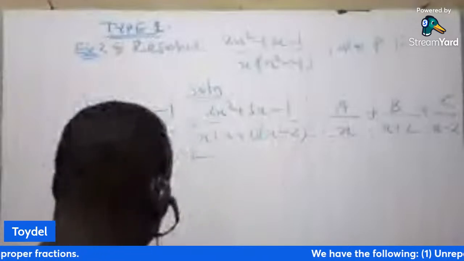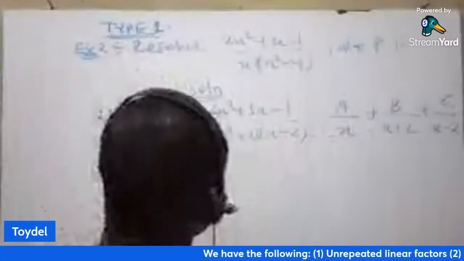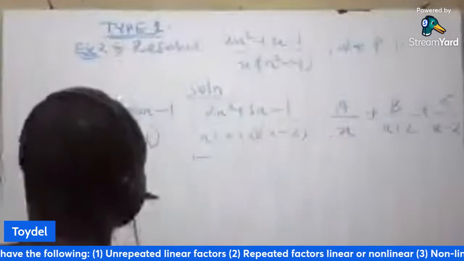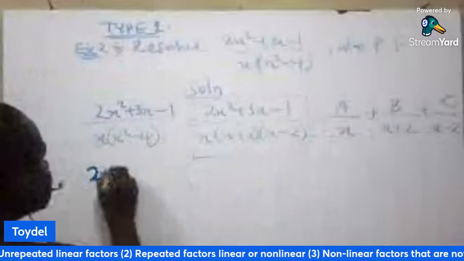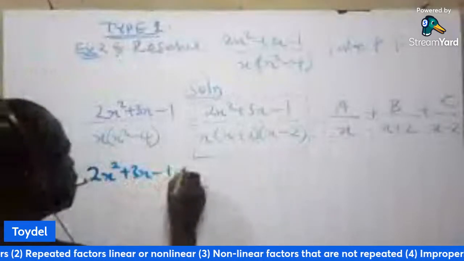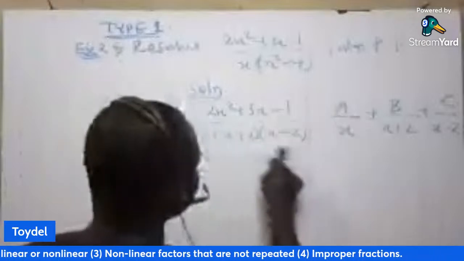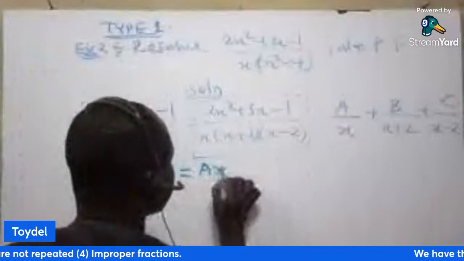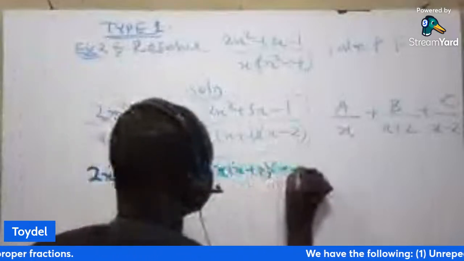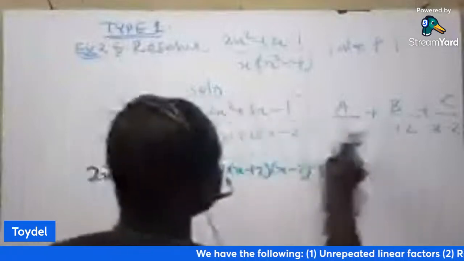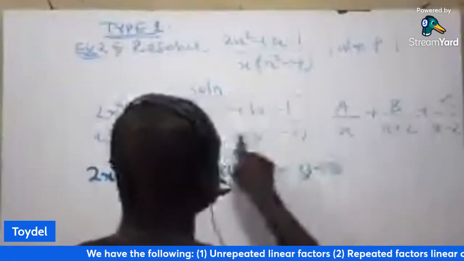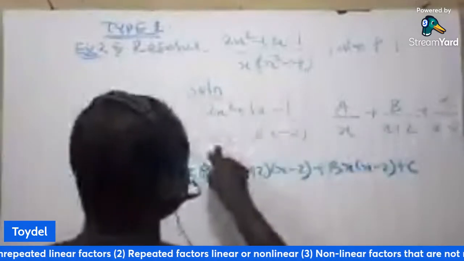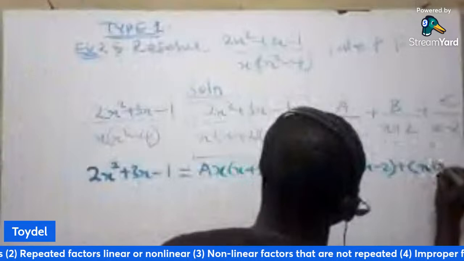So if I use x into x plus 2 into x minus 2 to multiply, I'm going to have 2x squared plus 3x minus 1 being equal to A into x plus 2, x minus 2, plus B into x into x minus 2, plus C into x into x plus 2. Everything multiplied here takes care of the denominators, and that's what I'm going to have.